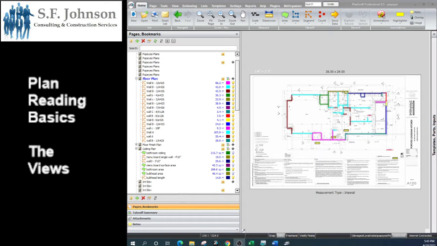And what we mean by the views is that each of the sheets gives you a different perspective of the project, and each of the views gets more and more complicated, or gives you more detail.